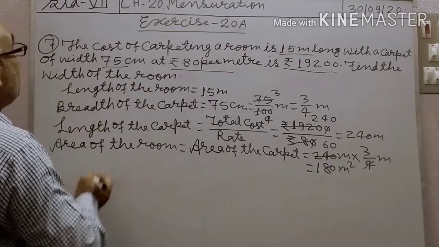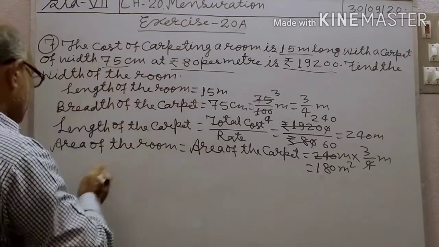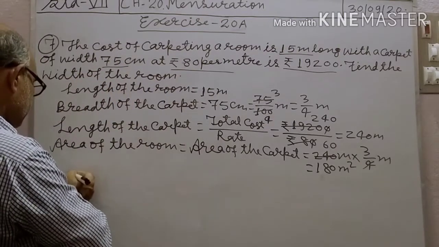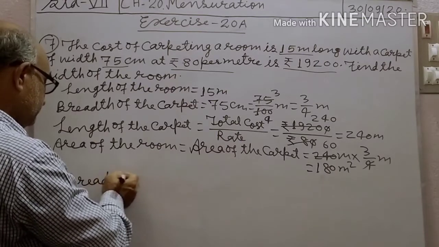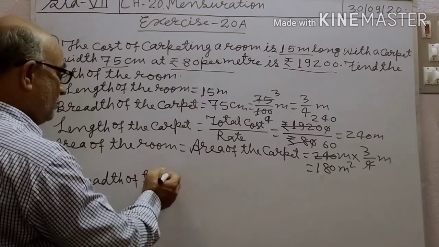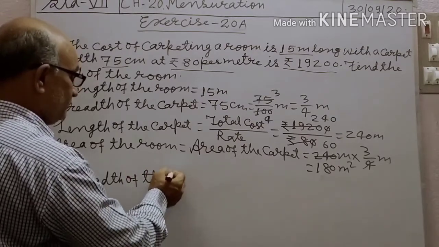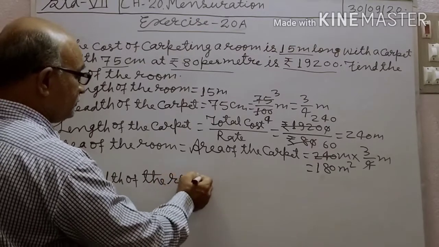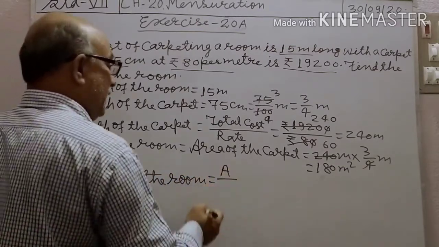Now we have to find the breadth of the room. Breadth of the room equal to area by length.